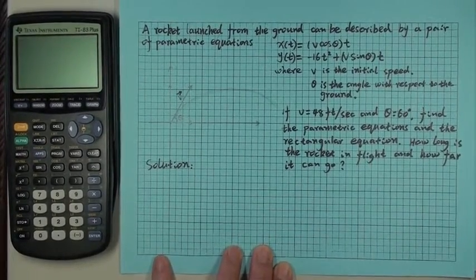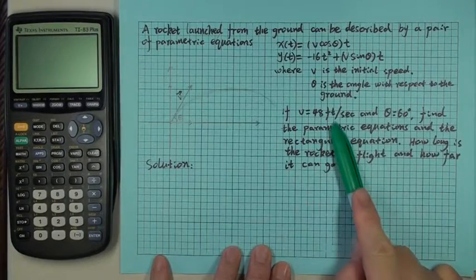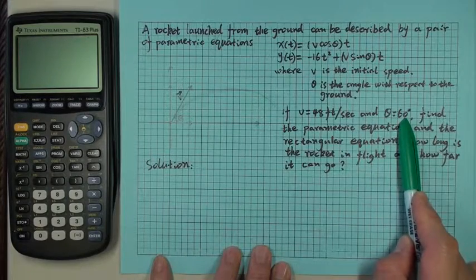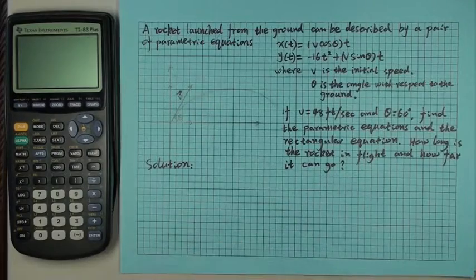Now, when v equals 48 feet per second and theta equals 60 degrees, what does the parametric equation look like? This one is probably an easy one.